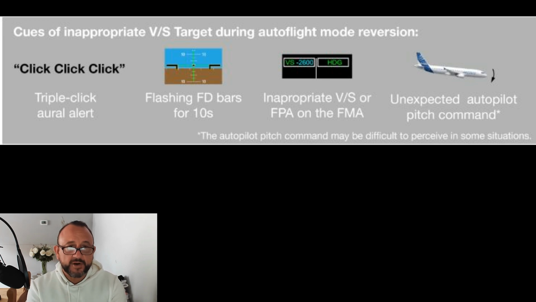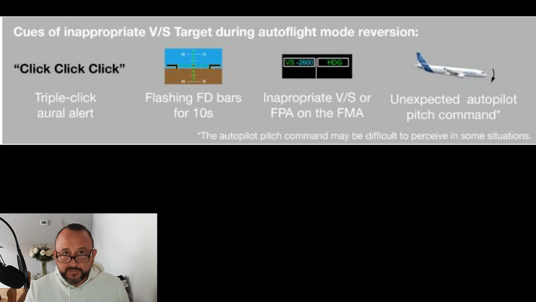Click, click, click, the triple click alert. Flight director bars flashing for 10 seconds to show you the mode reversion. Inappropriate VS or FPA on the FMAs, and unexpected autopilot pitch command. And again, a little asterisk there, as in scenario 3, the autopilot pitch command may be difficult to perceive in some situations.